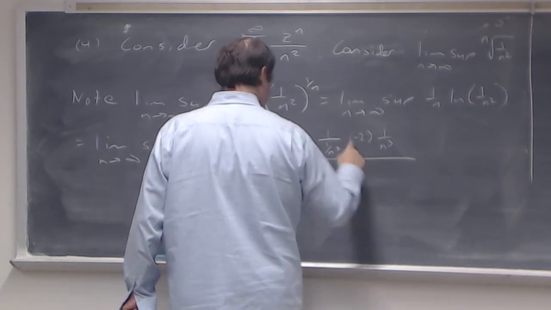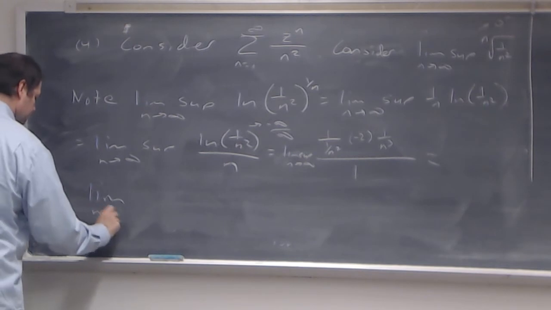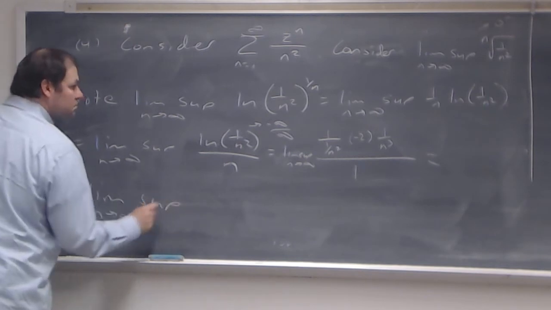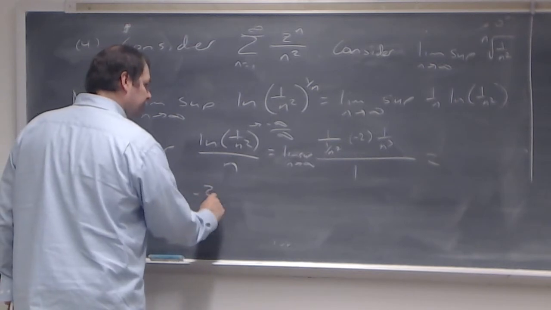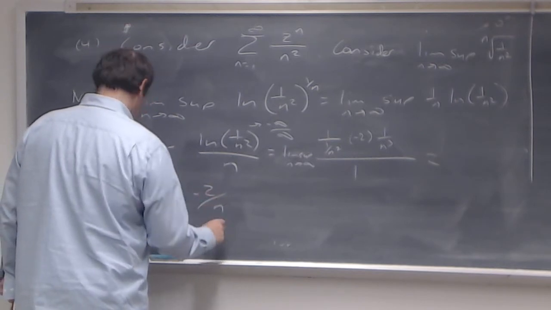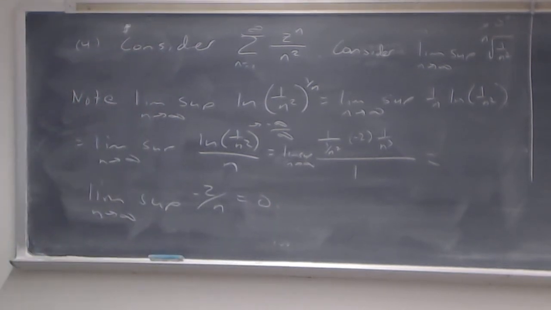Then this quantity equals the lim sup, and here it's simplified. It's going to have an n squared, so it's going to be minus 2 over n. And that equals 0. All right?